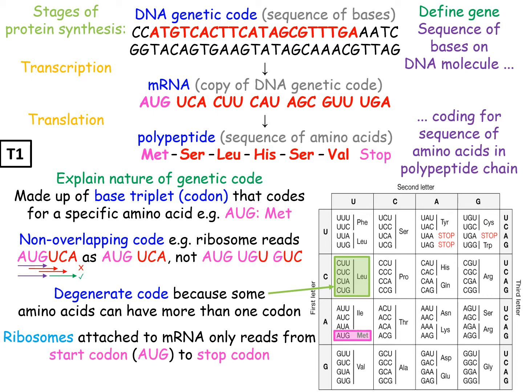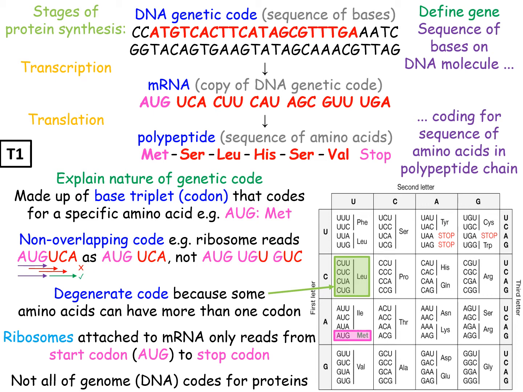Now, the ribosome attached to the mRNA only reads from the start codon to the stop codon. The start codon is always AUG, and for the stop codon there are 3 different types that can be used, and that's when you stop reading and translating to form the polypeptide chain. And not all of the genome or DNA codes for protein, so some parts of it are non-coding.